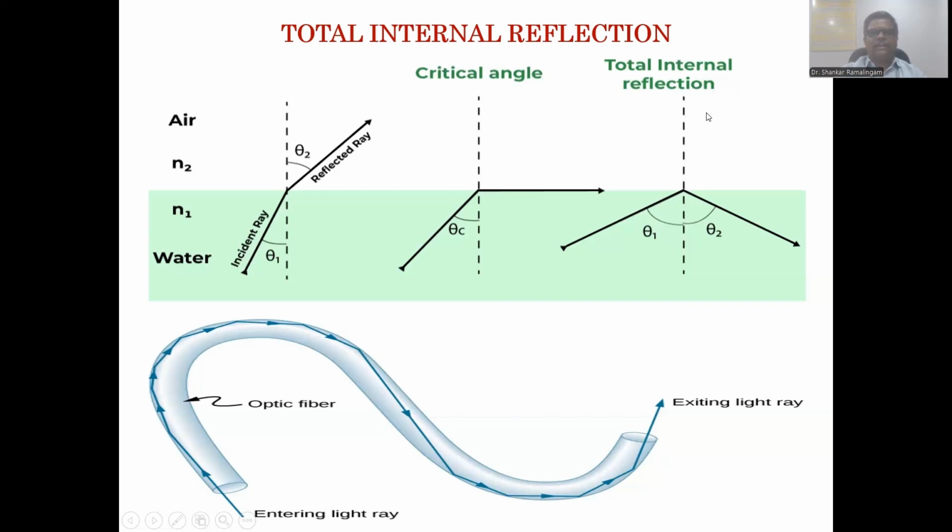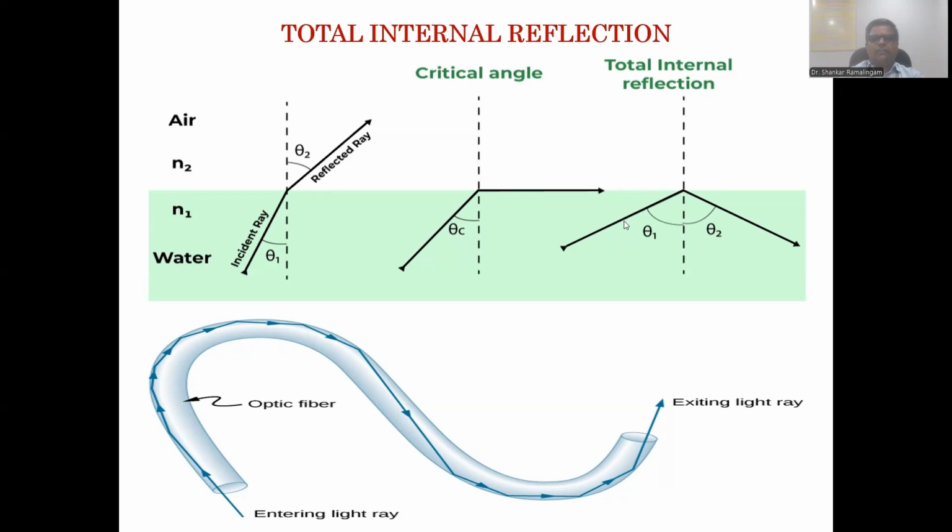Whereas in the next case, light is incident at an angle θ1, which is greater than the critical angle, at the interface between water and air, which have refractive indices N1 and N2, where N1 has the higher value and N2 the lower value.